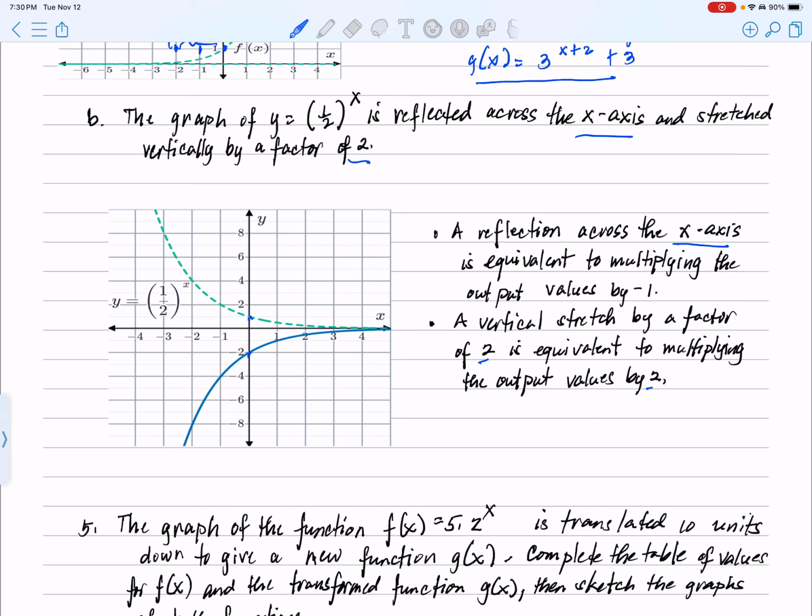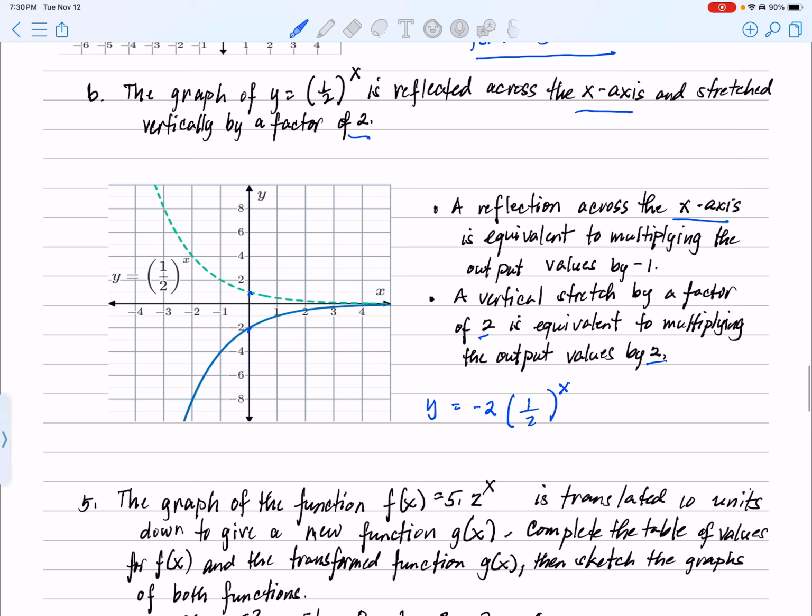Alright? So applying the idea of the transform, that would be y equals -2 times 1/2 to the power of x, because that is where the initial value is.